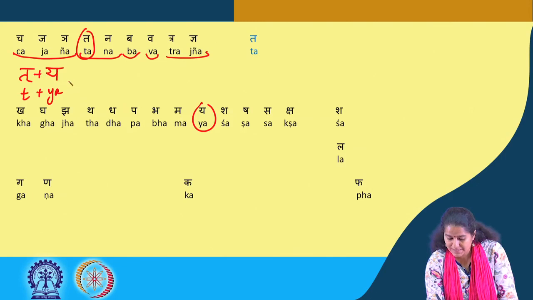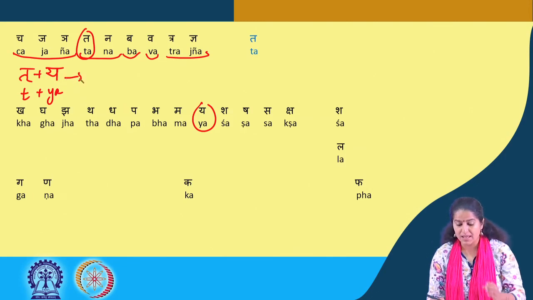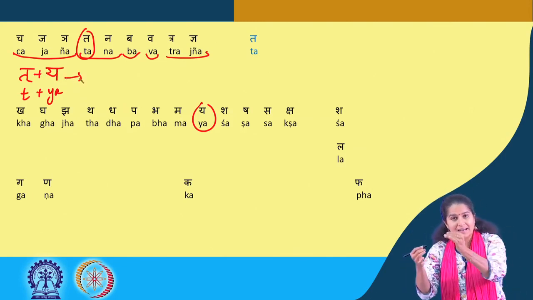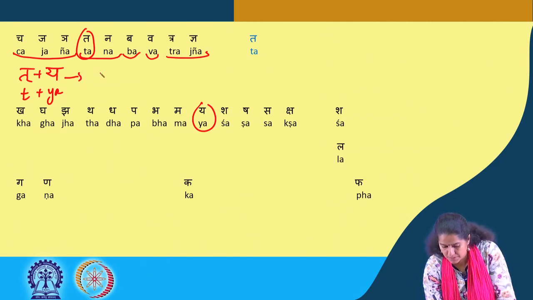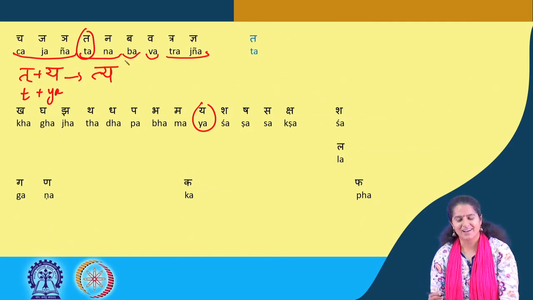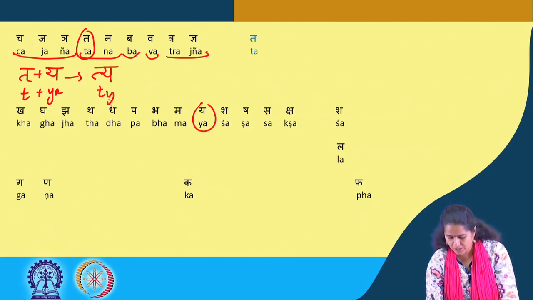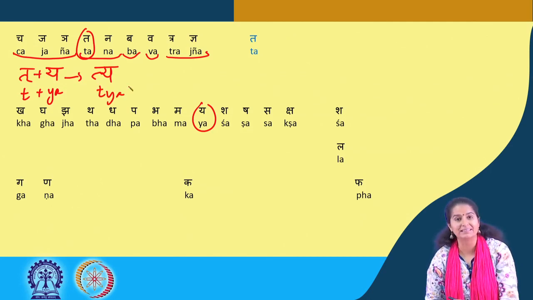And then, so th plus y, I told you the rule was that the th will drop its stick and attach itself to the next letter. So it becomes tya. Alright. And if you have to write it out in transliteration, it would look like that, tya.